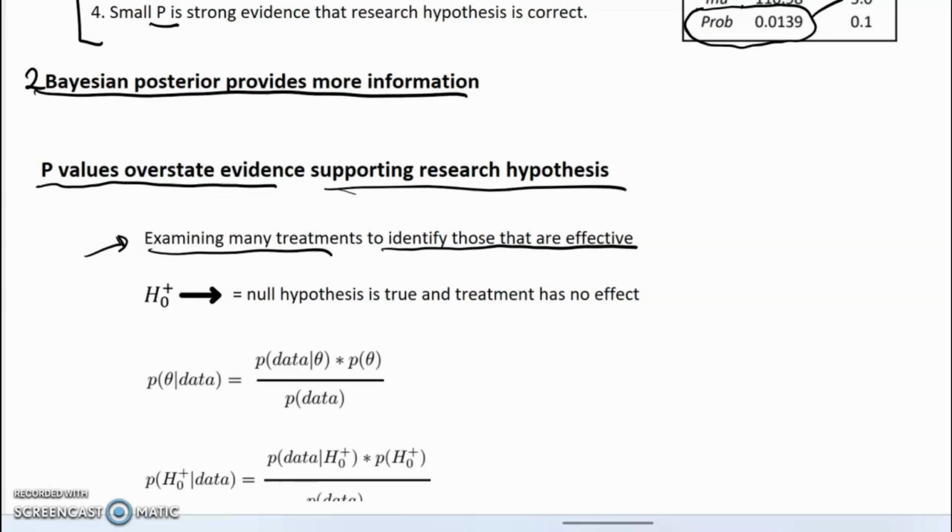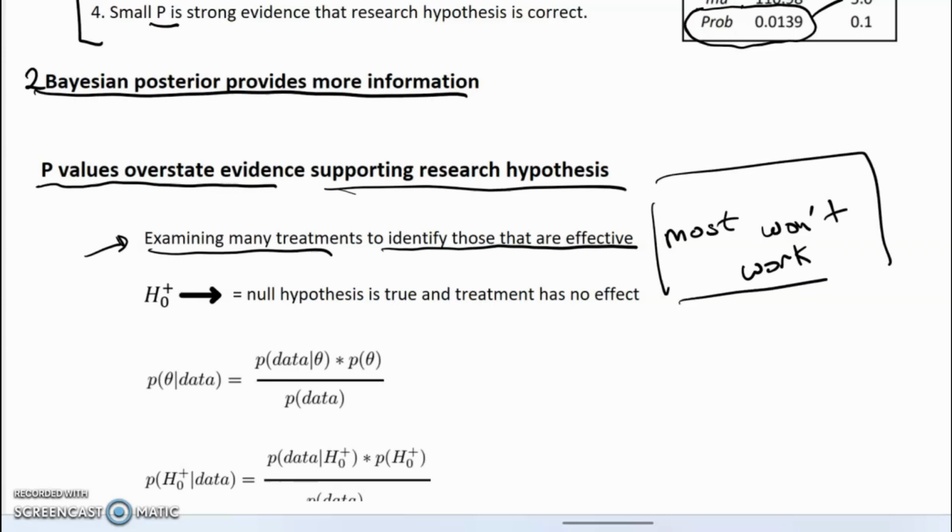But we know in advance, and this is particularly true of drug screening trials, that most of the treatments won't work. So what I've set up here is H0 is the null hypothesis, and H0 plus, this whole thing here, is the state that the null hypothesis is true. That means that the treatment has no effect.